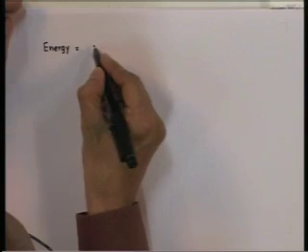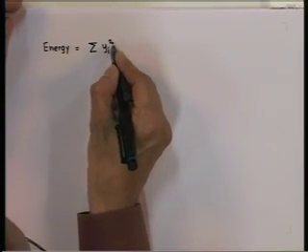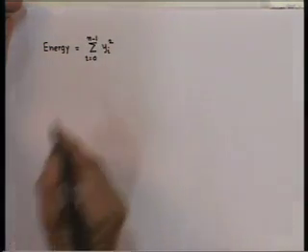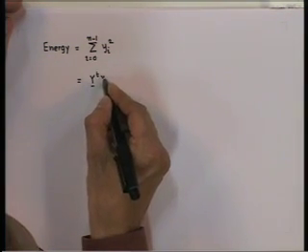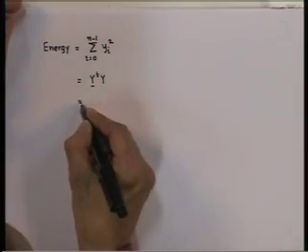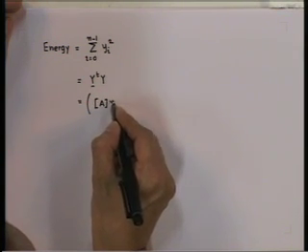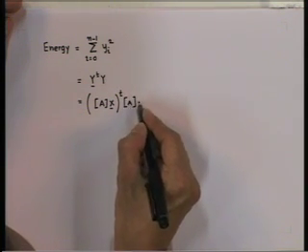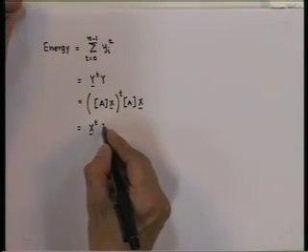Energy in the transformed coefficients is given by the sum of y_i squared, i equal to 0 to n minus 1, which can be written in matrix form as the dot product of y with itself, and this can be rewritten and simplified as follows.